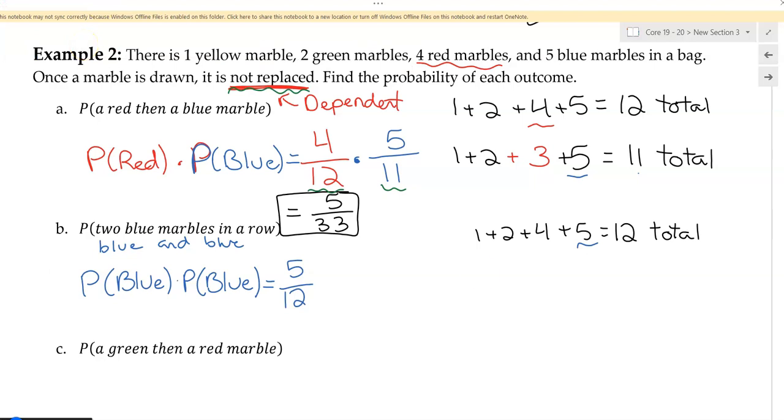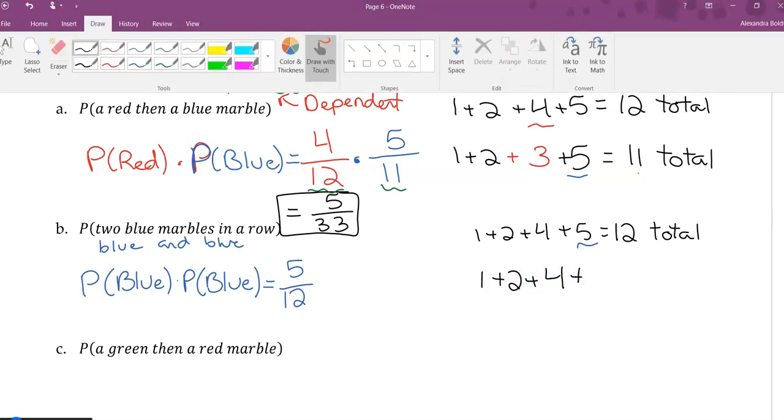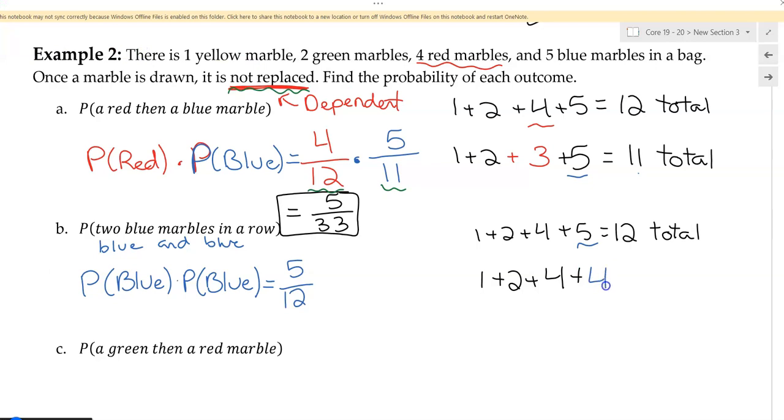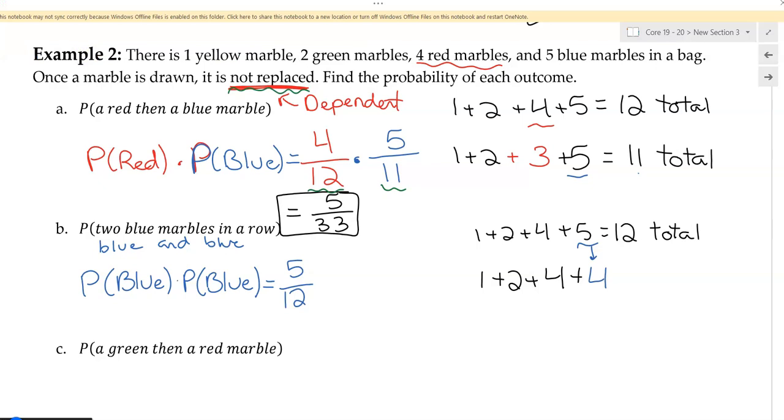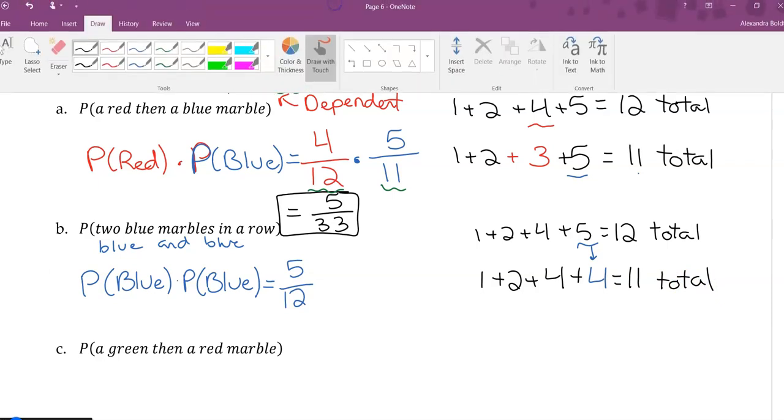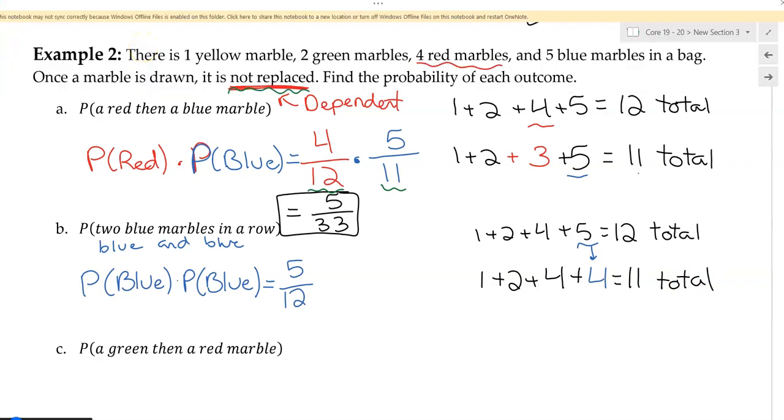There's 5 out of 12 that are blue. Now I have my 1 yellow, my 2 green, my 4 red. I took a blue marble. I now only have 4 blue marbles, right? To equal 11 total. So when I go to multiply, I have 4 blue out of 11 total.